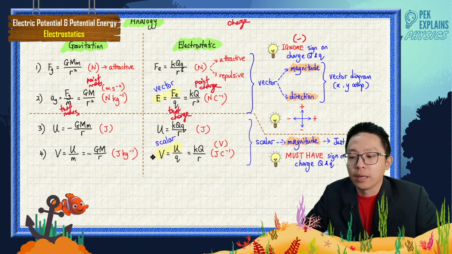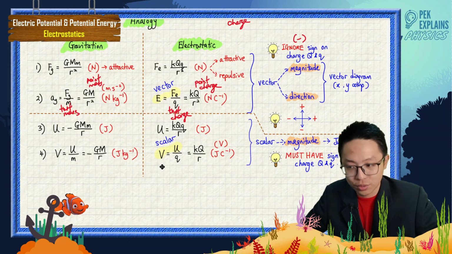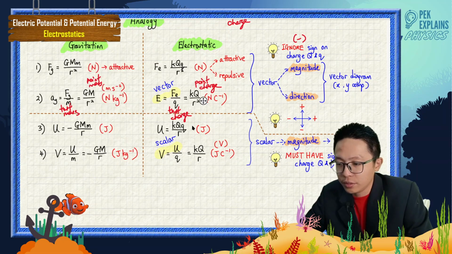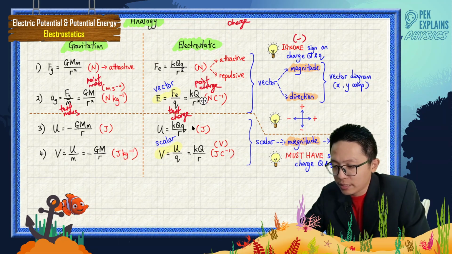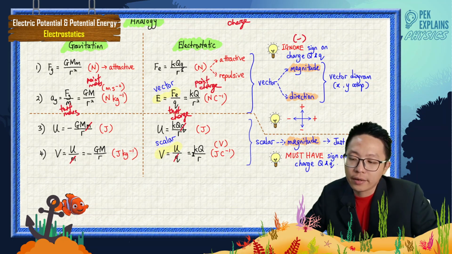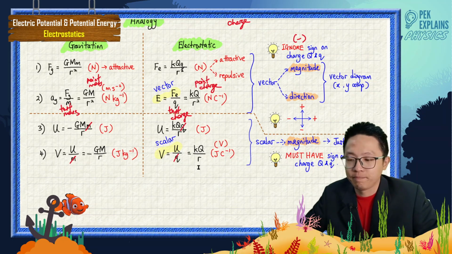In electrostatics, the electric potential is electric potential energy divided by the test charge, so the test charge is gone and the formula is left with kQ over r.